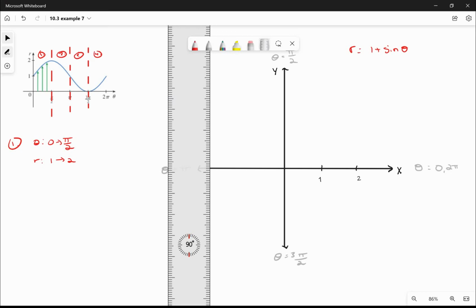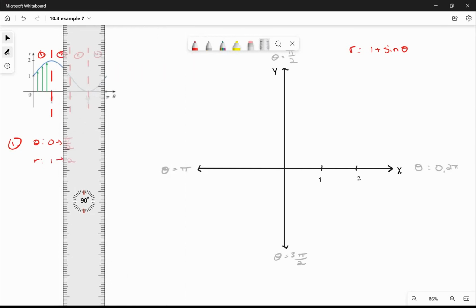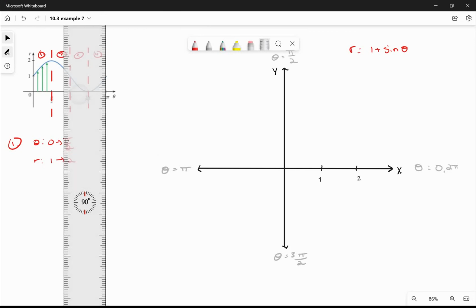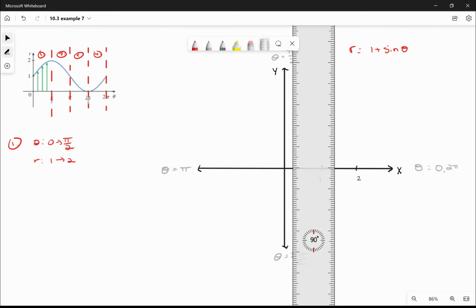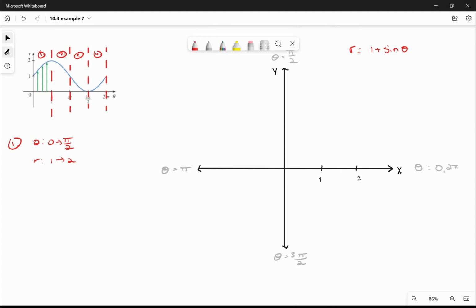The fourth part will just be from 3 pi over 2 to 2 pi. We're not looking at a ton of specific values of theta, just these main values where there is a significant change in r.